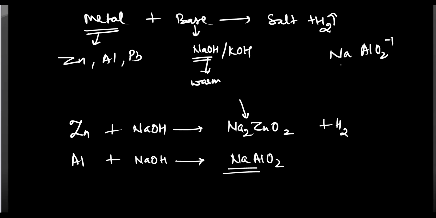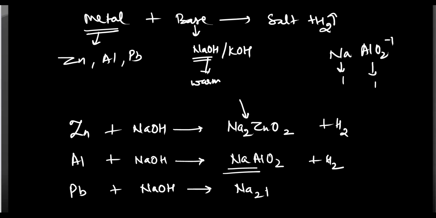So when it reacts with sodium, it forms 1:1. The formula is NaAlO2 plus hydrogen gas. The next one is Pb, lead. Lead when it reacts with NaOH base forms sodium plumbate, Na2PbO2, plus hydrogen gas.